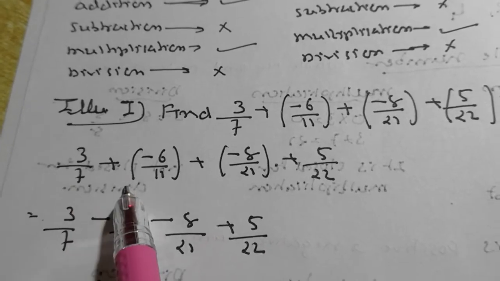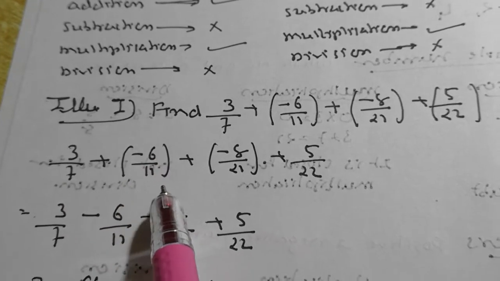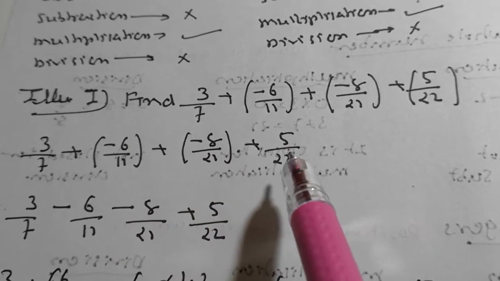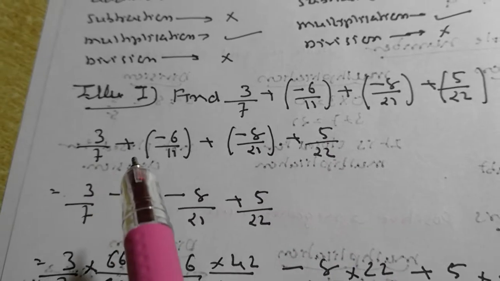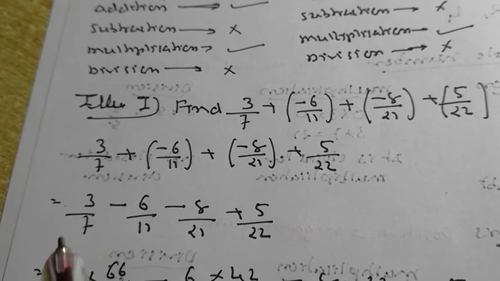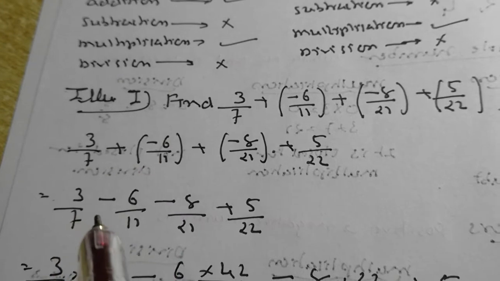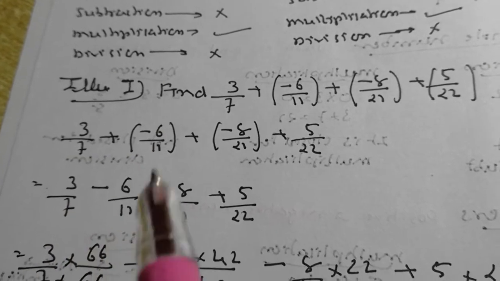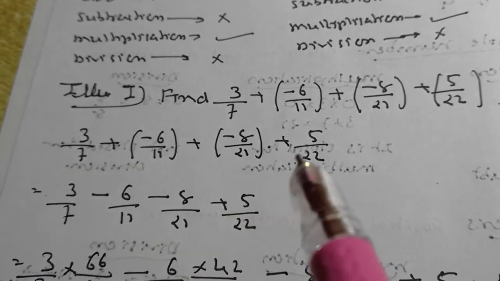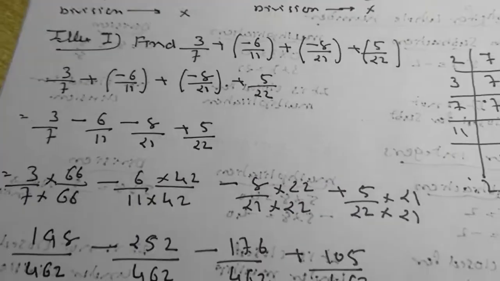For these two signs I am going to make one sign. So 3 upon 7 plus of minus is minus, so I write minus 6 upon 11. Plus of minus is minus, so minus 8 upon 21 and plus 5 upon 22.